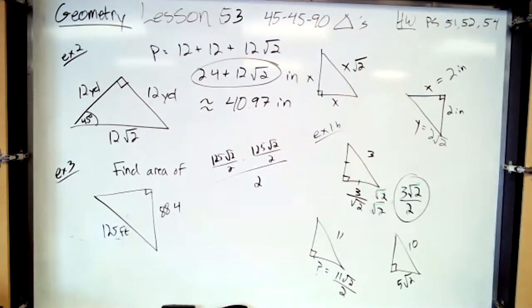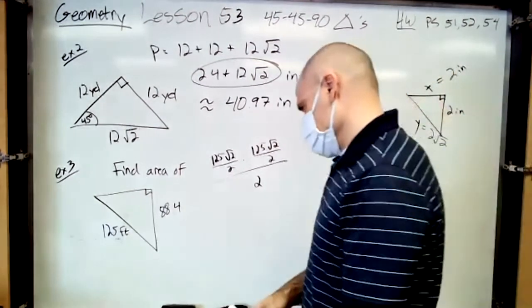How did I get 11,000? No, I don't know what I'm doing. 3,905. There you go.